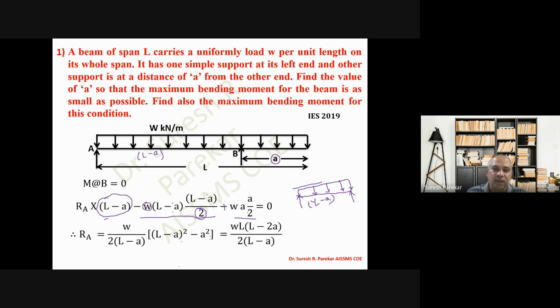Then we simplify: L square minus 2LA plus A square, and again minus A square. So this A square gets cancelled. We have L square minus 2LA, and taking L common we get L minus 2A inside. So RA is W into L into L minus 2A upon 2 into L minus A.